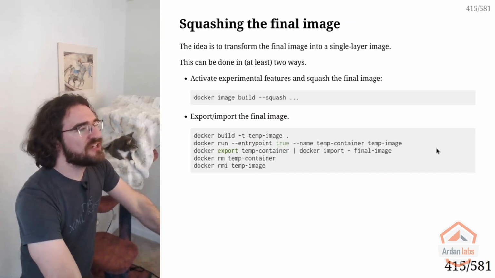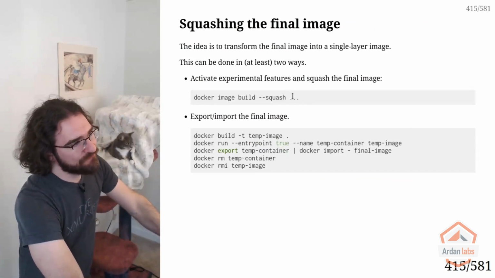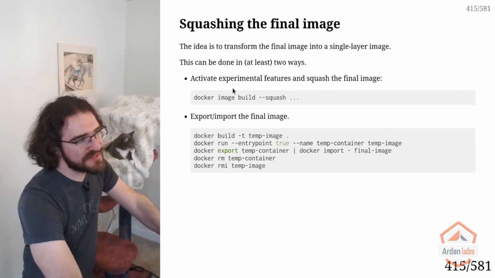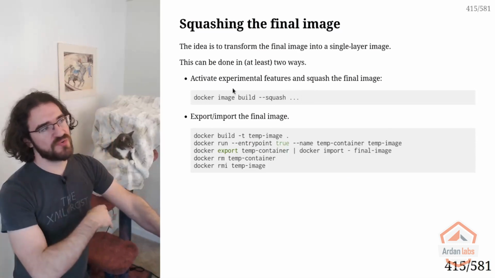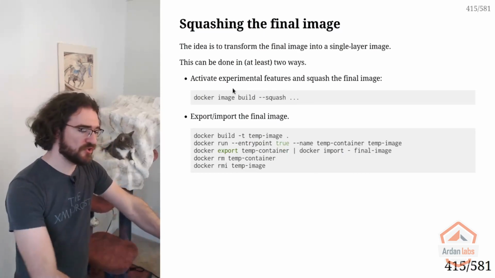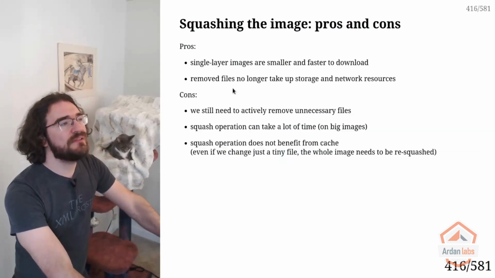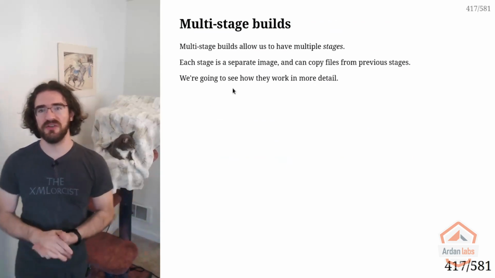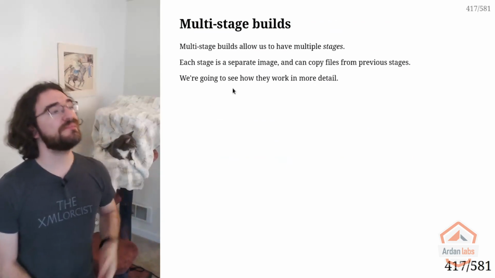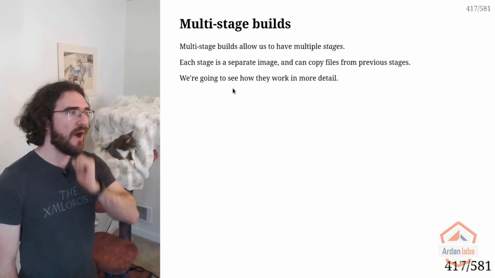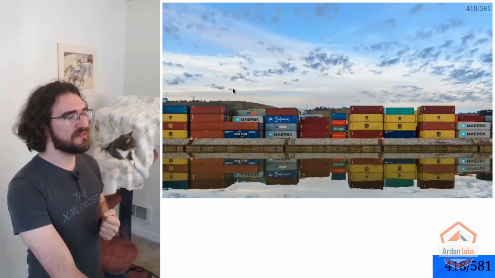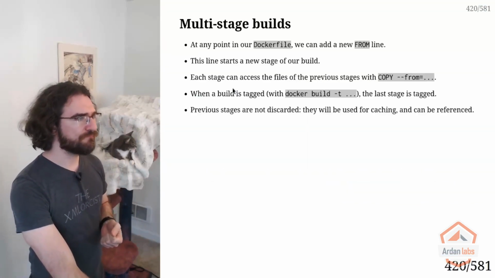There is a --squash option, which can help a little bit, but has other performance issues, etc. So also not a good solution. All right, I just listed a bunch of not so good solutions. So what is the good option then? It's multi-stage builds.